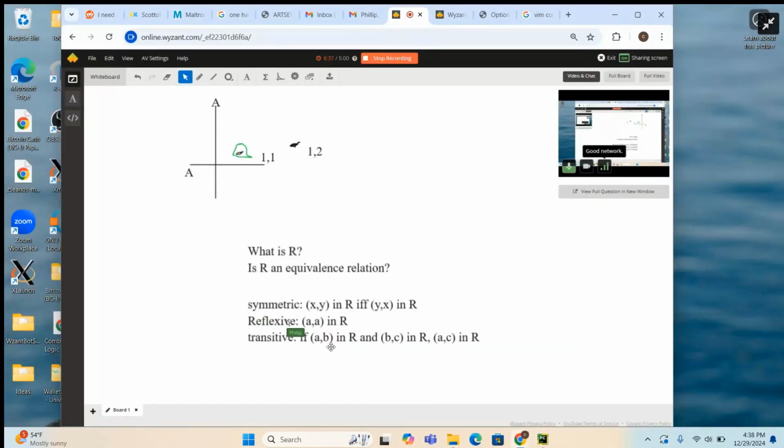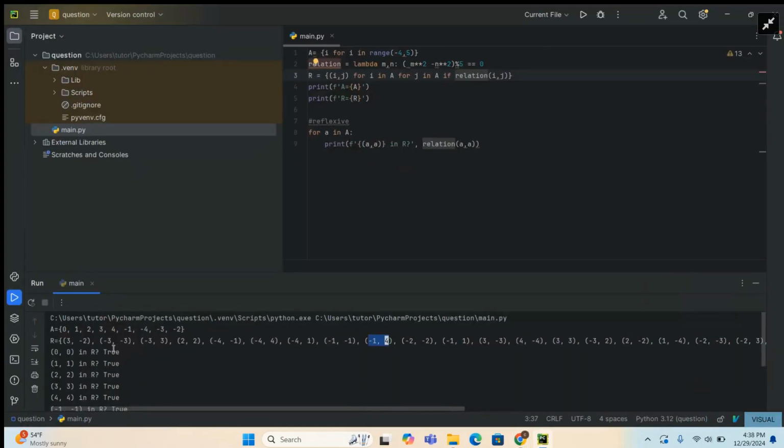Last thing is transitive. If (a, b) is in R and (b, c) is in R, then (a, c) must be in R. This is usually the trickiest one. If I see (3, -2), then I have (-3, 3). So I could say -3 is my a, 3 is my b, and -2 is my c.